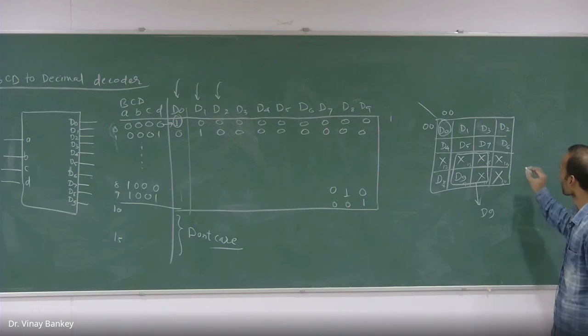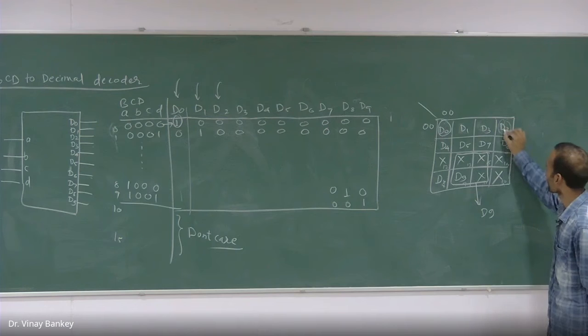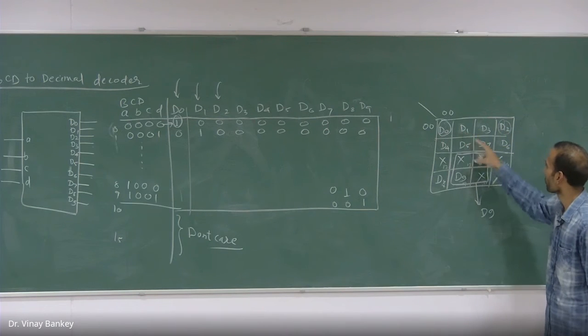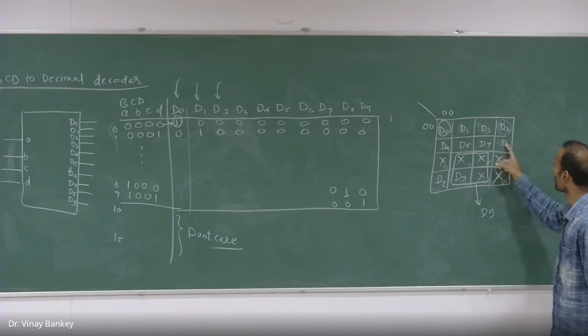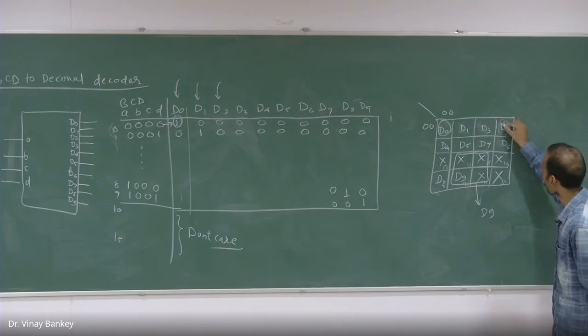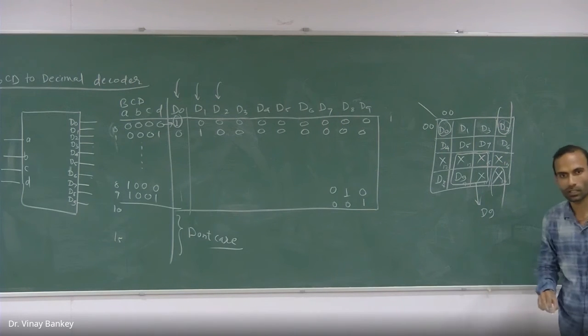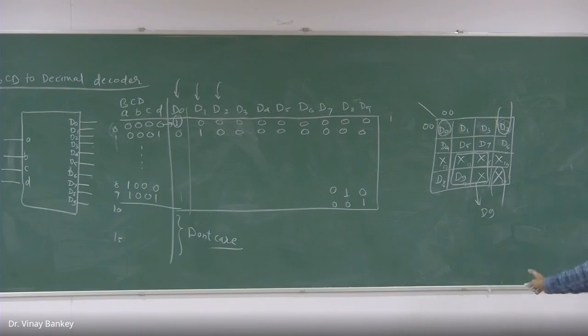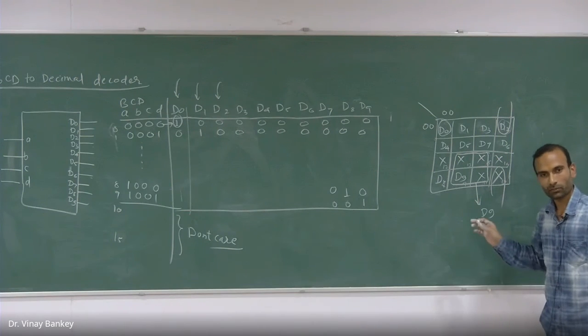Now if you are solving for D2, this will be 1 and all of D0 to D9 will be 0. You cannot combine this. Well, you have 1 here, so you can do this type of circle and take a prime implicant here for D2. Correct? So this way you will solve it, and it is very, very easy.